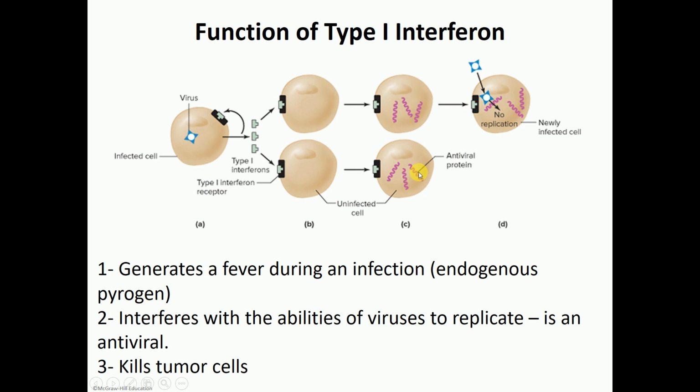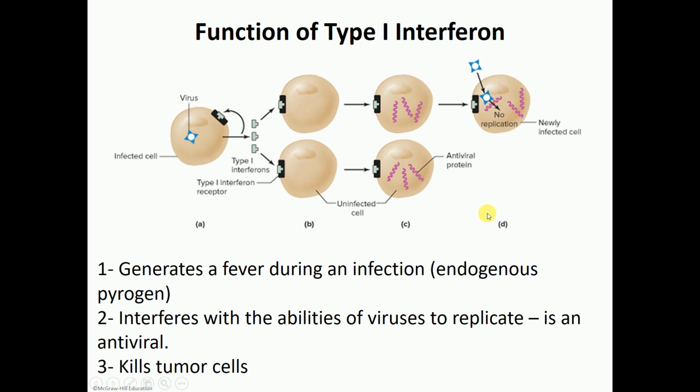So if a virus tries to infect these cells that have already been pre-warned, these antiviral proteins are going to prevent the virus from taking over their nuclei and prevent it from replicating itself. Replication is the word that we use when we talk about the multiplication of viruses.